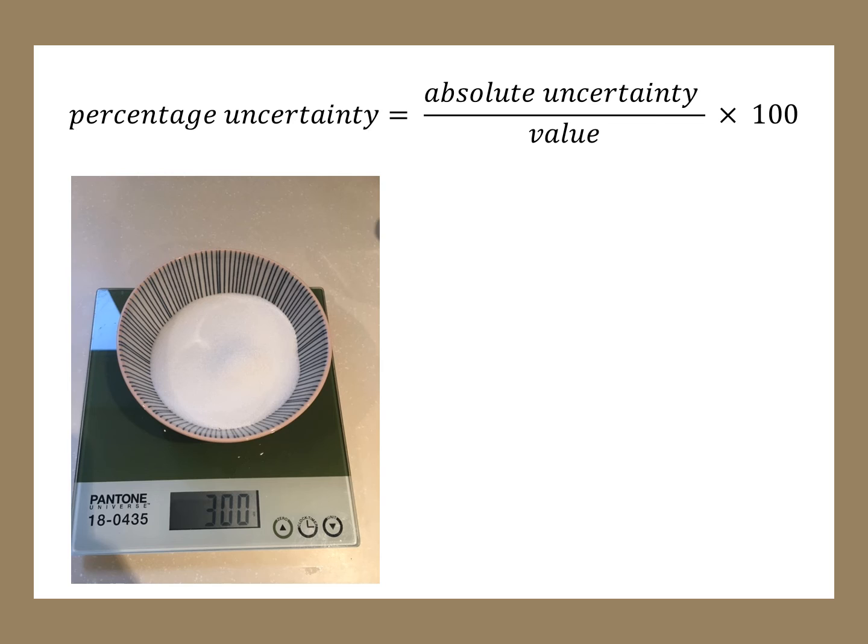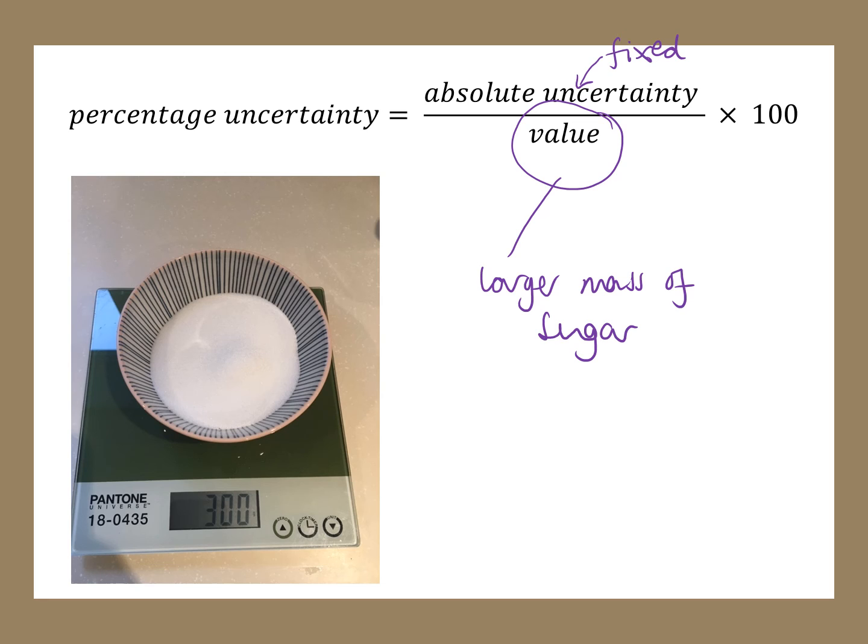Now, the absolute uncertainty is fixed for a fixed piece of apparatus, so we can't change this. This bit here is fixed. So the only way we could reduce that percentage uncertainty using the same balance is to change the value. And here we could use a larger mass of the sugar. And if we used a larger mass of the sugar, then that would reduce the percentage uncertainty in that measurement.